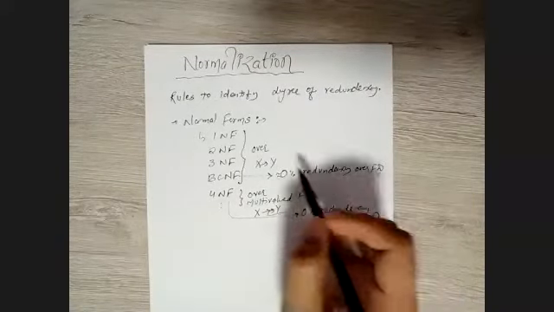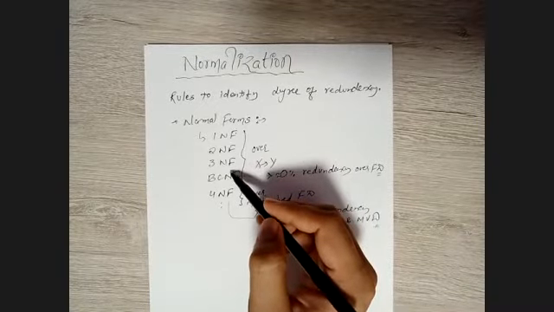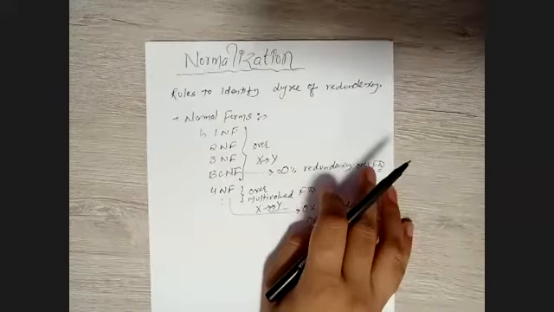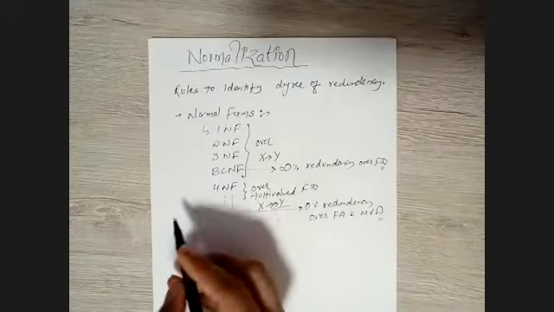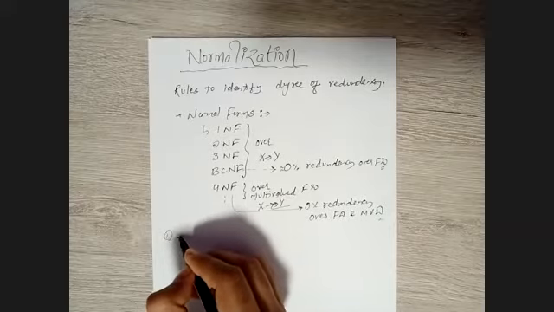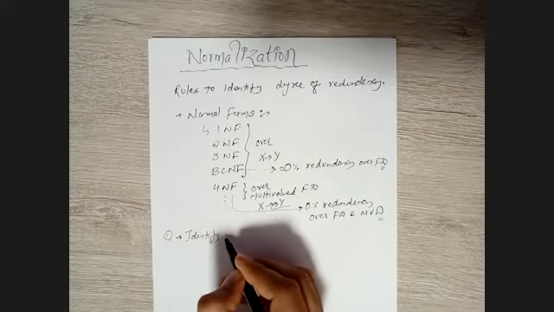In every normal form, whenever we are given a situation, we will cover this normalization completely in two parts. The first part is identifying the normal form. Given a set of functional dependencies, we need to identify whether it is in first normal form, second, third, and so on.